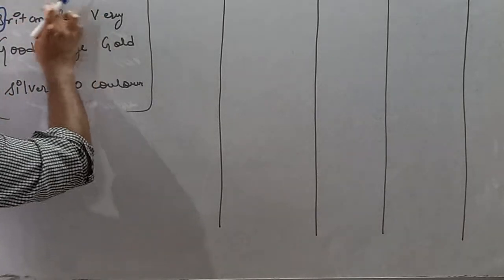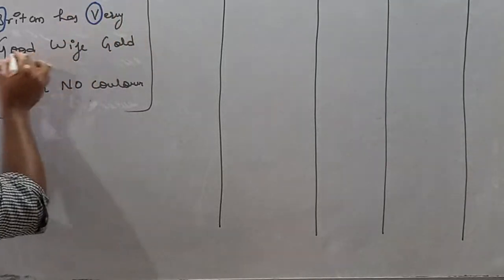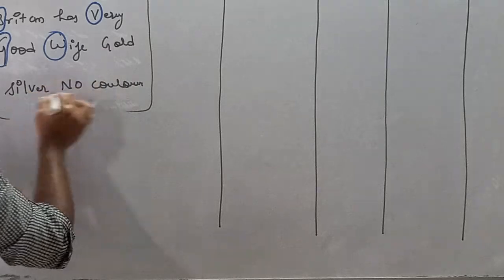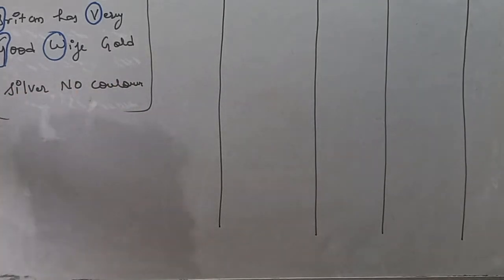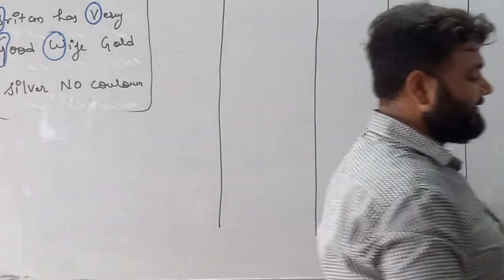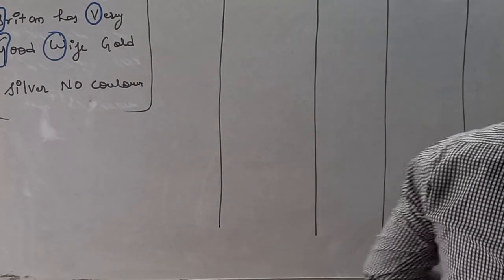Has has no capital letter, so remove it. Very means V, good means G, wife means W, then gold, silver and no color. You have to learn this as it is. So B B Roy, Great Britain has very good wife, gold, silver and no color.